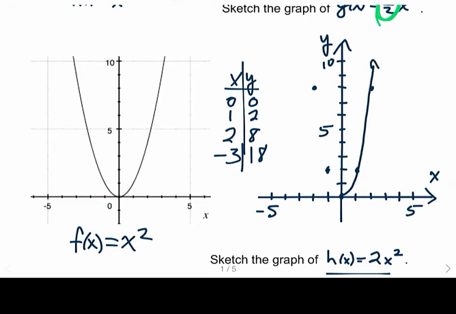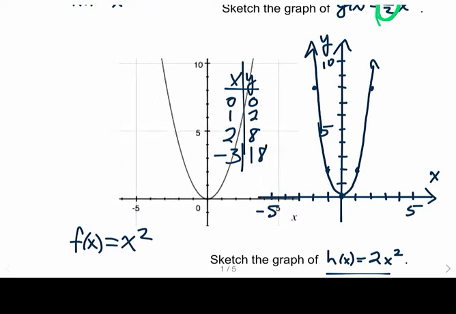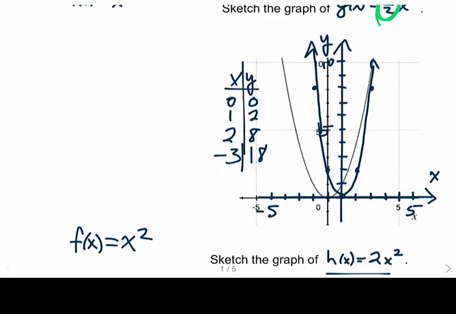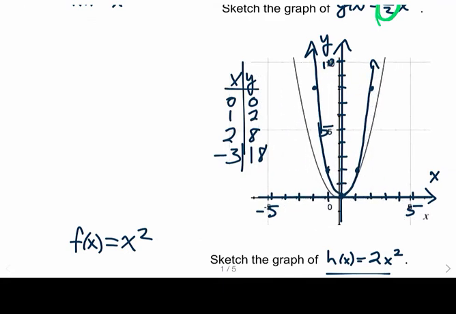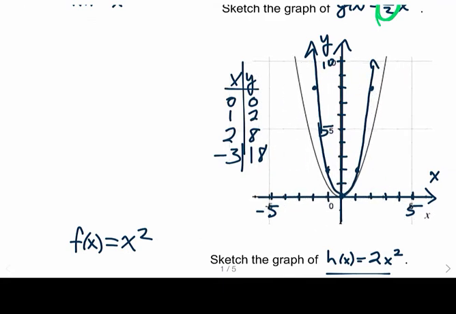We should still end up with a parabola because the argument is x squared, even though it has a coefficient in front of it. And when I do so, I end up with a parabola that grows again at a different rate. But this time, because the coefficient is bigger than 1, that 2 makes the parabola grow twice as fast.